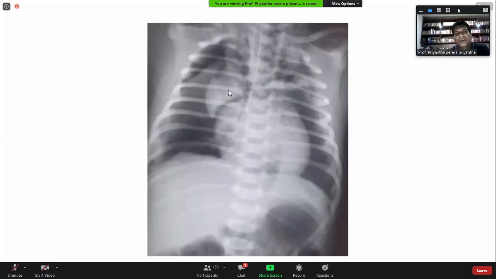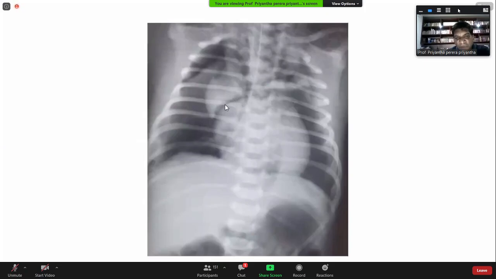Thymus usually sits on the heart. If you take a normal X-ray of a newborn baby, thymus is in contact with the heart. There's no space between the heart and the thymus, right? But what has pushed the thymus away is air in the pericardial cavity.